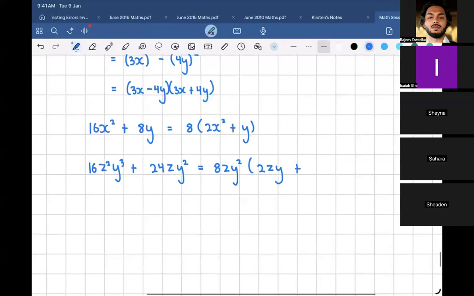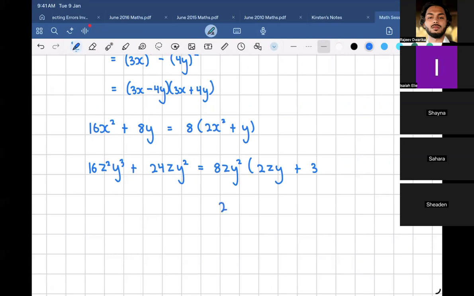Next one. If I was to pull out 8 from 24, 8 into 24 is? What's 8 into 24? 3, right? Three. If I pull out z y squared from z y squared, that'll just be 1, because the z and the z would cancel off, and the y squared and the y squared would cancel off.